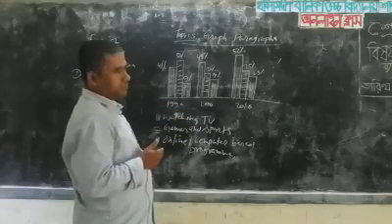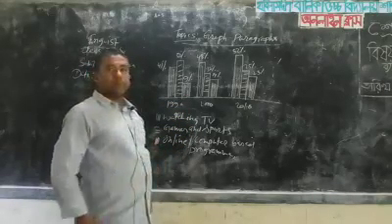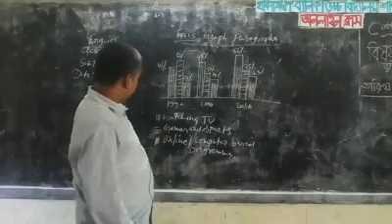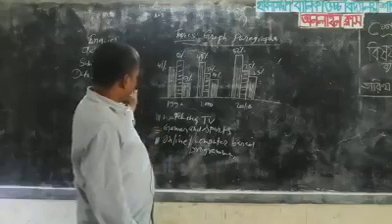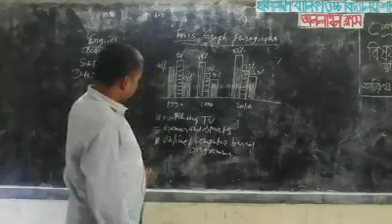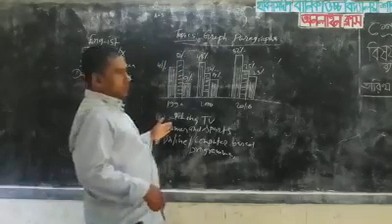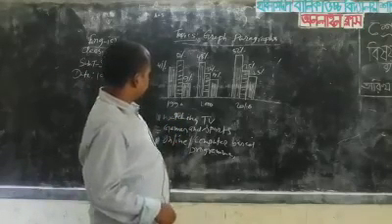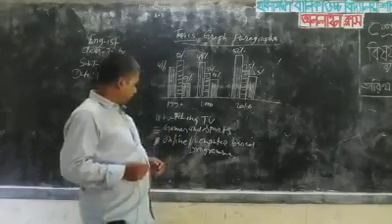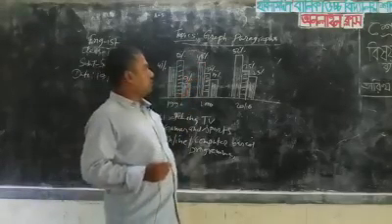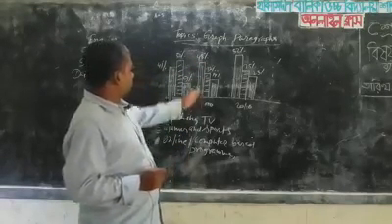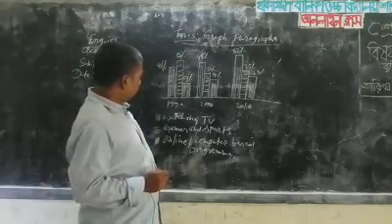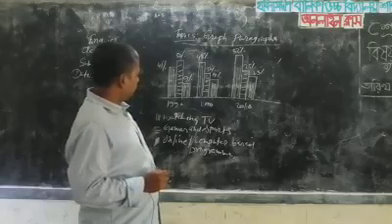But after 10 years, we can see the situation has changed. 48% of the young generation pass their time by watching TV, and 38% of them pass their time in games and sports.